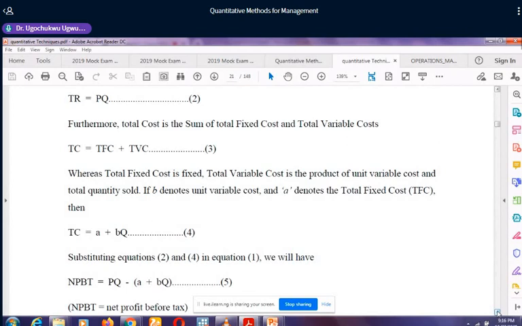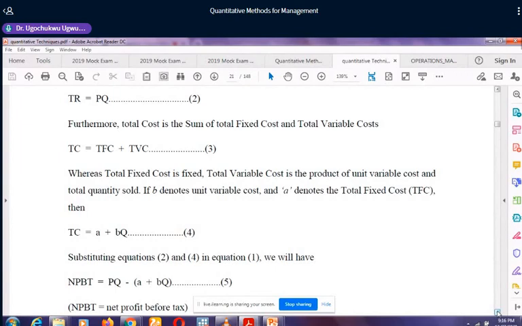Now, in this total cost equation, A is the intercept. This A is the intercept. What do we mean by the intercept? This A indicates that even when you are not producing one single quantity of output, your total cost will be equal to your fixed cost.